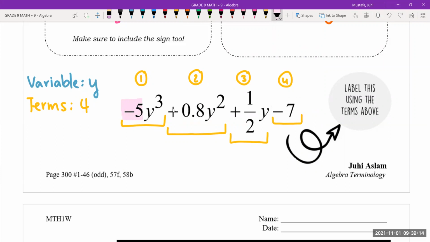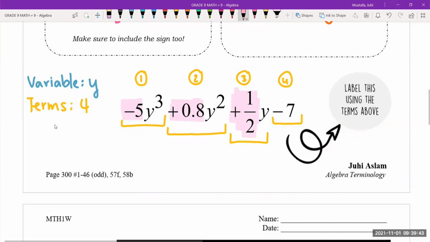What is the coefficient in the second term? 0.8, yeah. And you don't need to say positive, but just know that it is a positive. What is the coefficient of the third term? Yep, positive 1/2. Good. Actually, I'm not going to ask anymore. I'm just going to leave it like that.